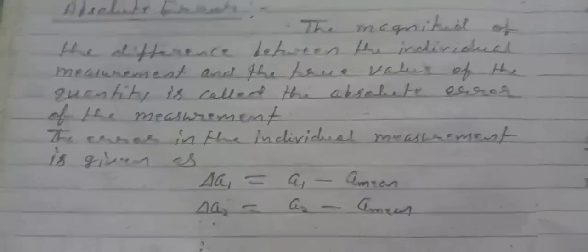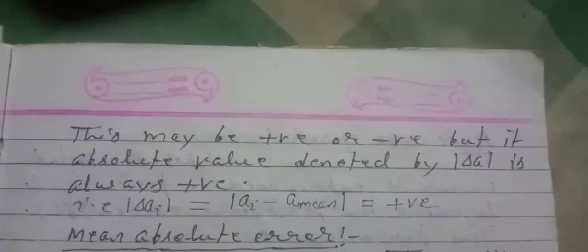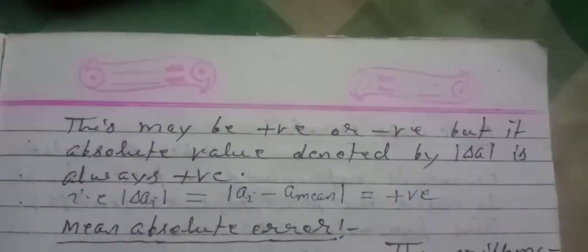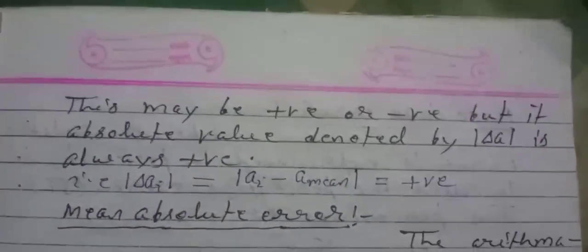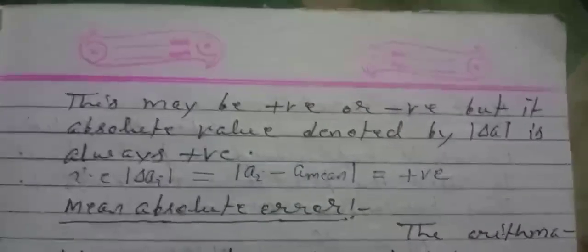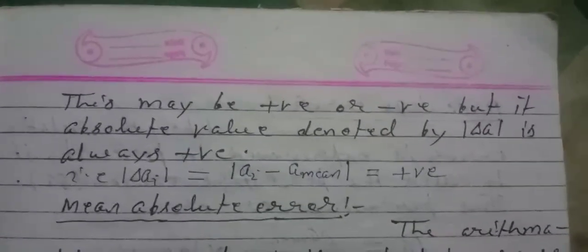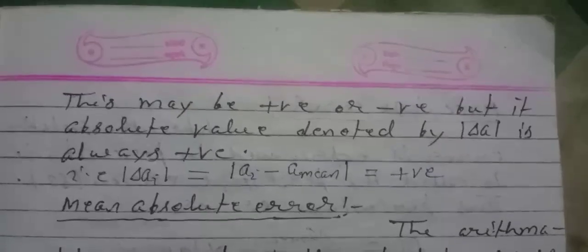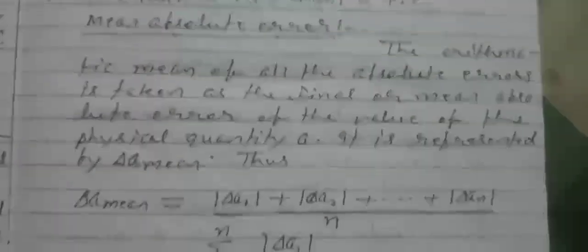This may be positive or negative, but its absolute value, denoted by mod delta A, is always positive. That is, mod of delta Ai equals mod of Ai minus A mean, which is positive.